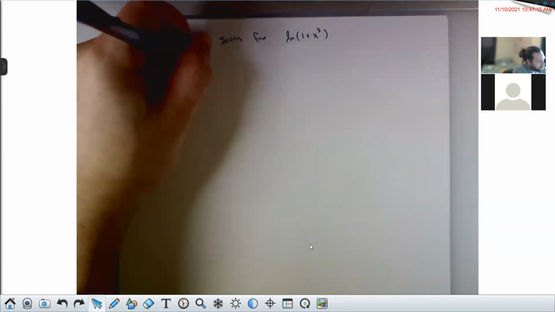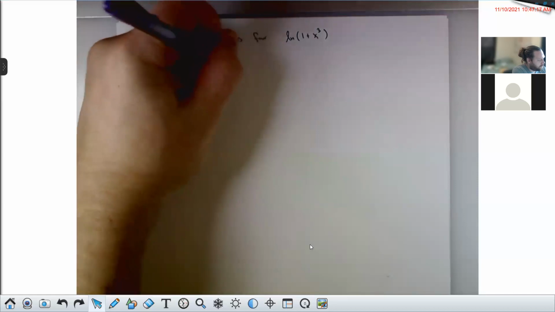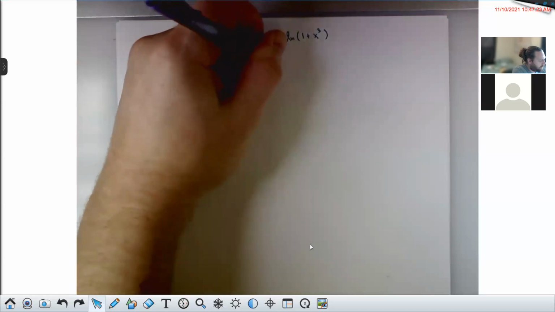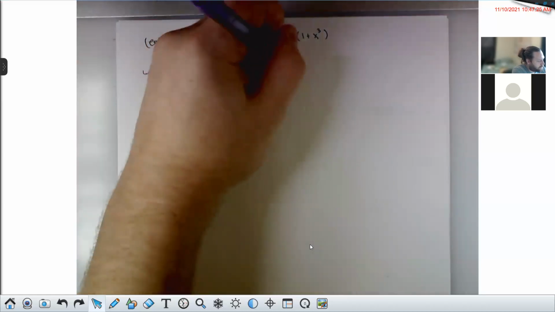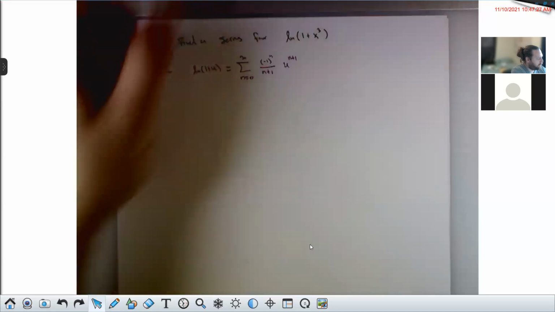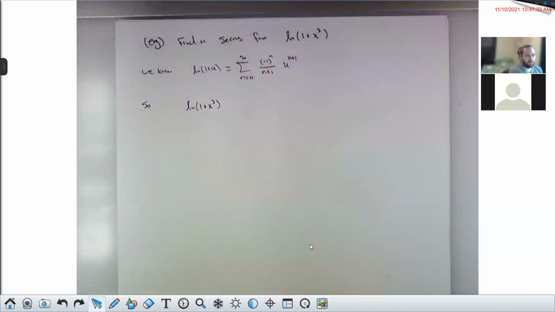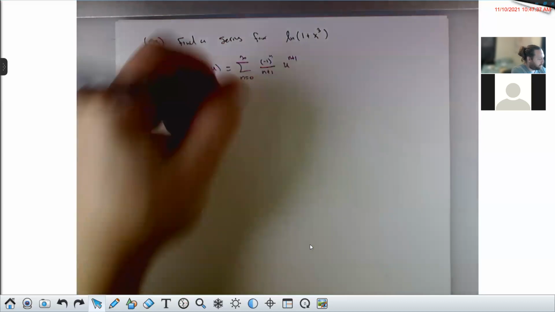that the natural log of 1 plus u is sigma n from 0 to infinity, negative 1 to the n over n plus 1 times u to the n plus 1. So the natural log of 1 plus x cubed, I would find by substituting x cubed for u.